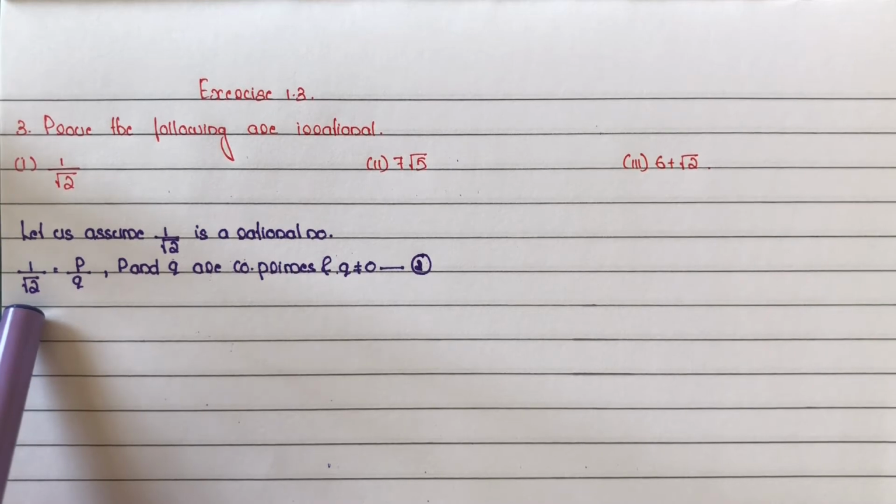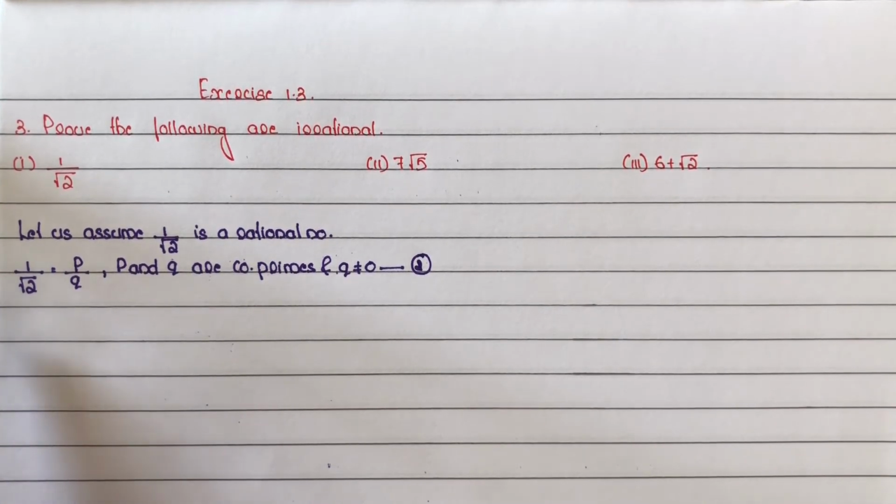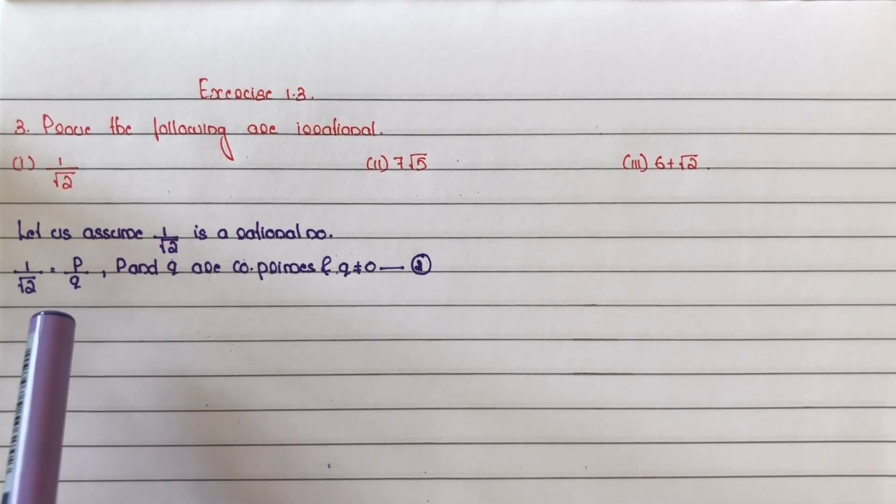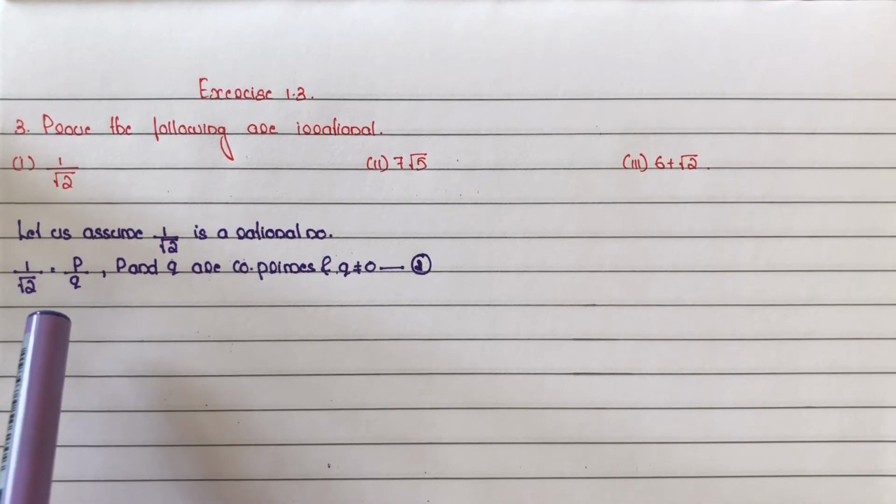But root 2 is an irrational number. So the equation root 2 equal to that formula is a contradiction, because root 2 is irrational and the other numbers are all integers, which form a rational number.